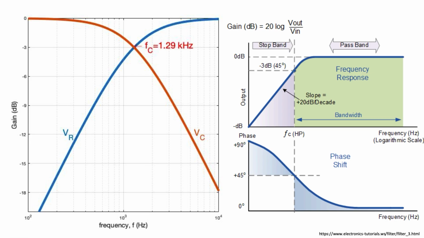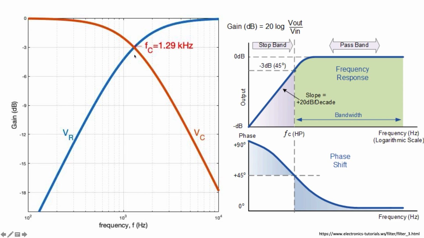If the ratio of the output voltage to the input voltage is 1/2, then the gain is equal to minus 3 dB. The corresponding frequency to the minus 3 dB point is the cutoff frequency.